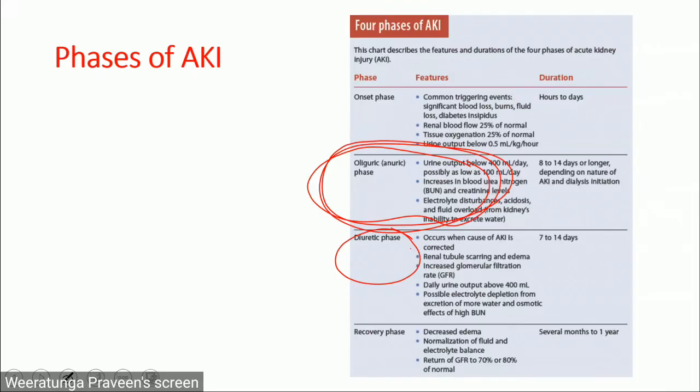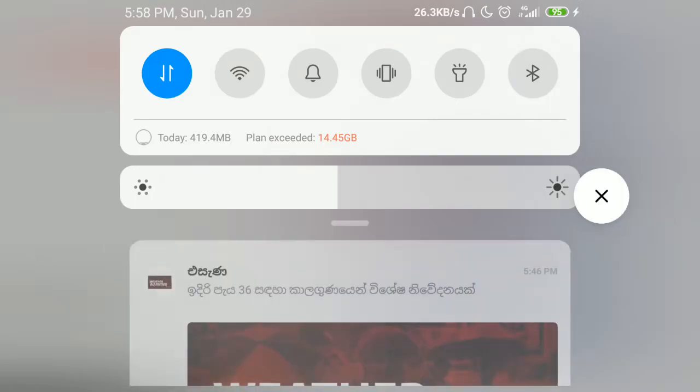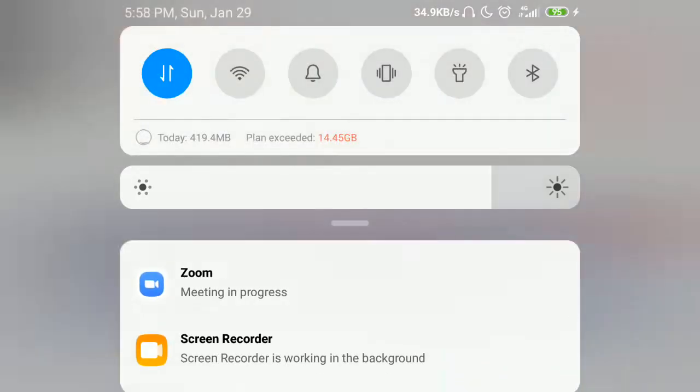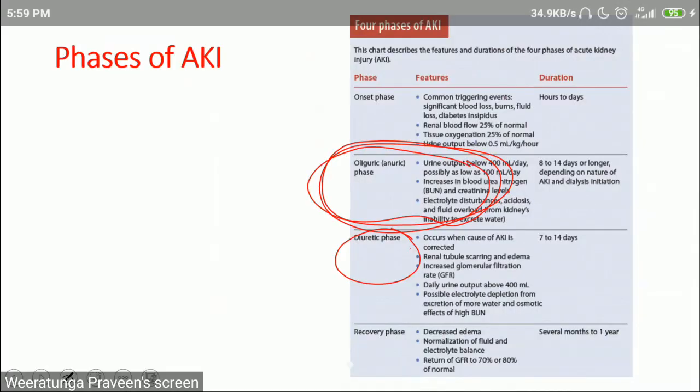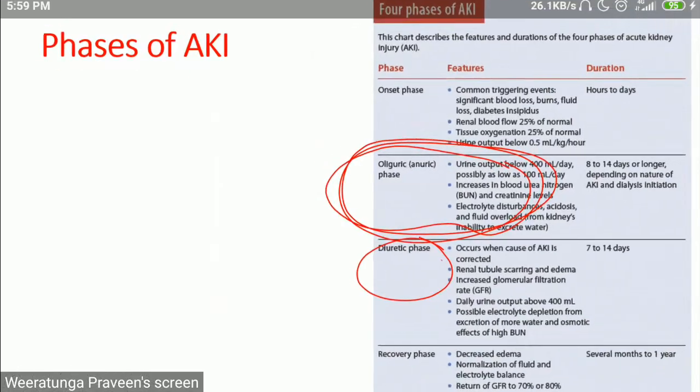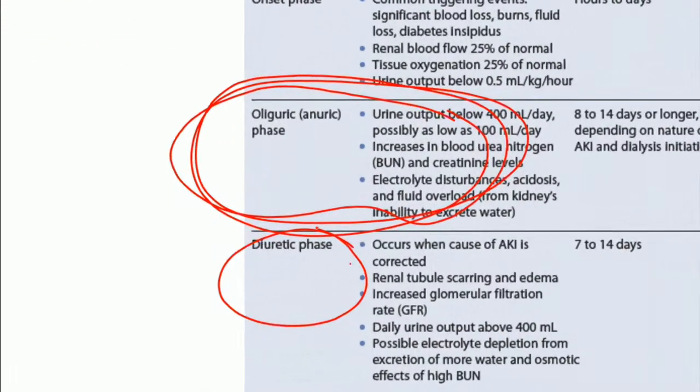Now, what happens there is, these new tubules which are just recovering have lower ability to reabsorb salt and water. These are baby tubules. They are not able to reabsorb salt and water very well. So, salt and water goes out, right, in a massive amount. So, they get a polyuric phase, right.